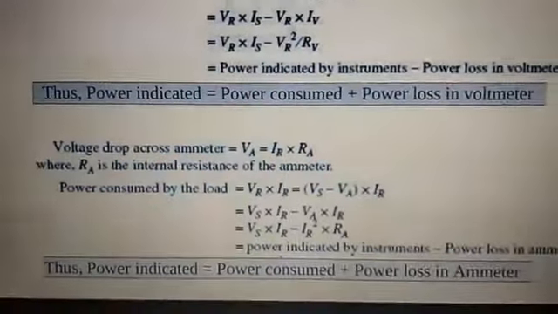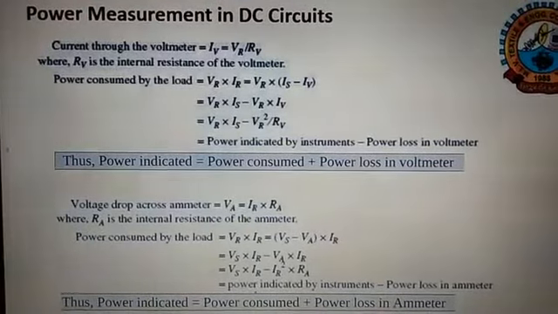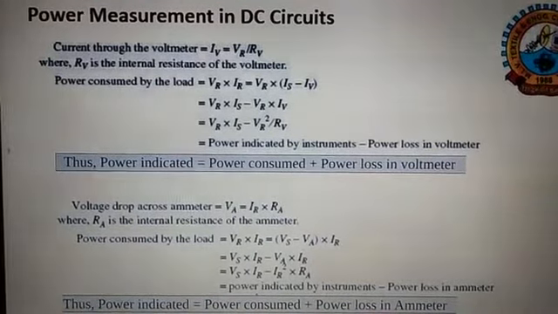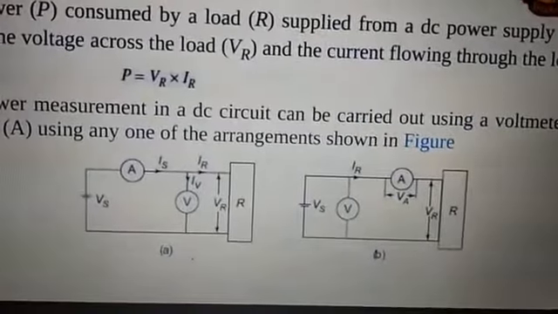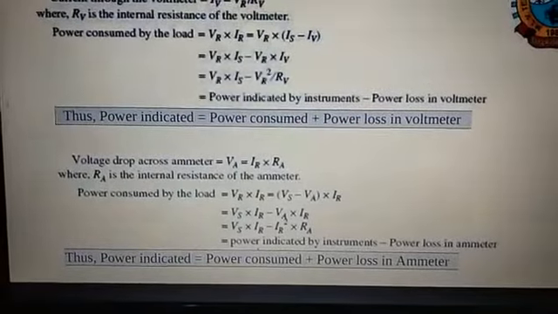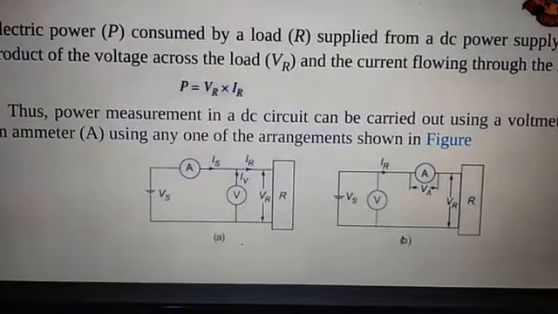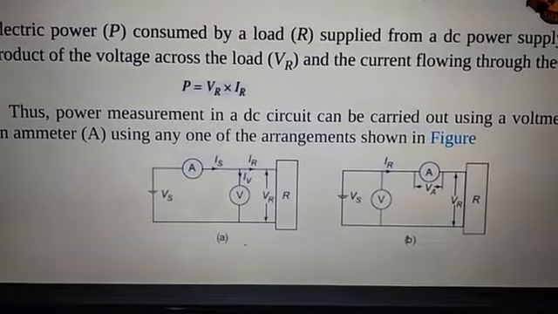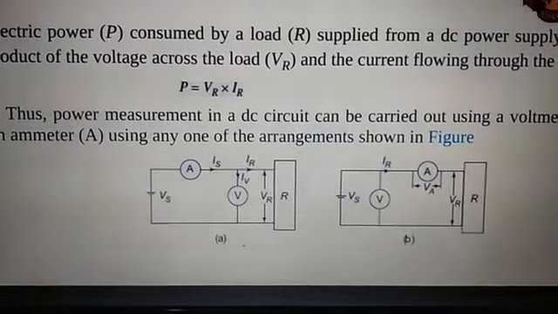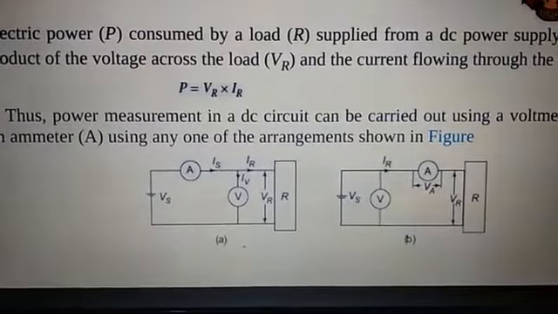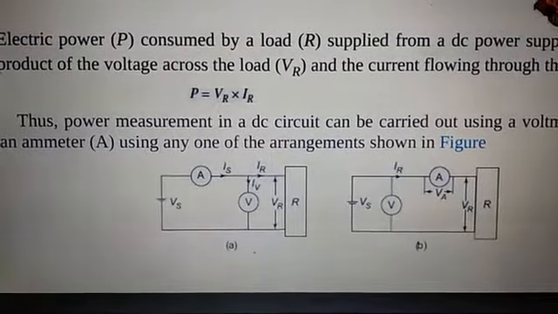So there are two analyses for the two cases of placing the voltmeter as well as the ammeter. There are two circuits and two analyses. In the first circuit there is a loss in the voltmeter, and in the second circuit there is a loss in the ammeter. For power, we must know the voltage as well as the current. So we must place an ammeter and a voltmeter, and then by multiplying the ammeter and voltmeter readings we can get the value of power.